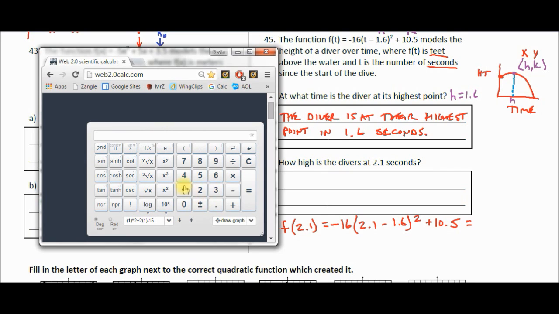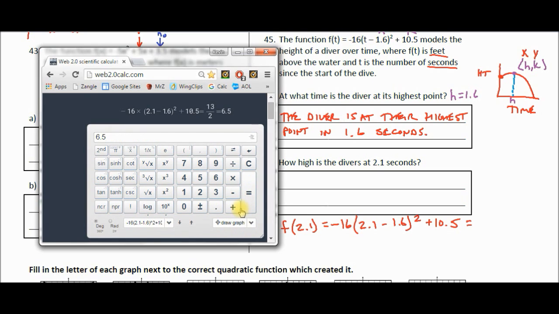Let's try this again: negative 16, parentheses, 2.1 minus 1.6, parentheses squared. That's working. Plus 10.5, and hit equal. And the answer is 6.5, and I've already checked that in advance, and that is correct.